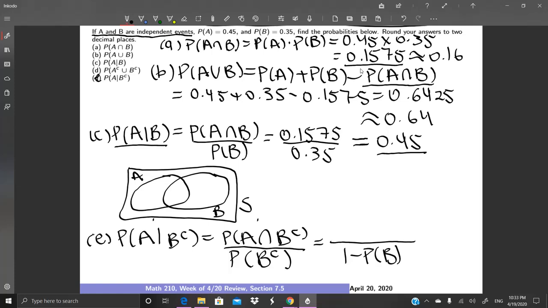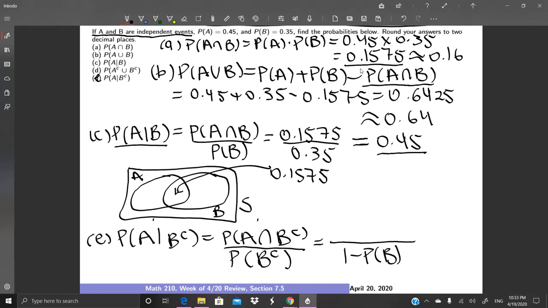So remember, whenever I fill out these Venn diagrams, I always start from the inside out. So I always take care of the intersection first. So in here, in the intersection, and since I don't have much room, I'll put it out here, the probability is 0.1575. And then I remember the probability of A is 0.45.